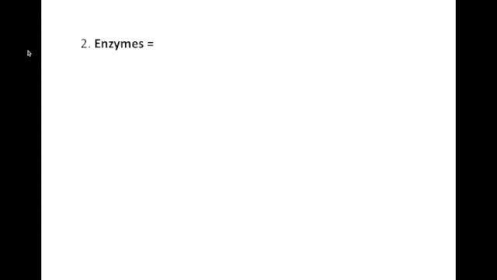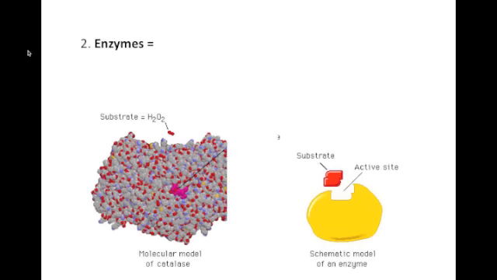Second major function is enzymes. Enzymes are the catalysts in living things. The word catalyst is underneath the list of functions. A catalyst is something that speeds up a chemical reaction without being consumed. So a catalyst is really important for our metabolism.